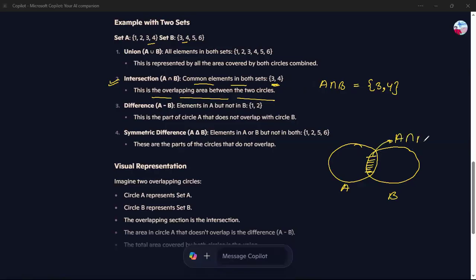So this area is represented as A intersection B because it is the intersection of both sets. If we have to find the union of both sets, the intersection will be included plus all the other parts, because we are combining and utilizing all the information. So this whole shaded region is the A union B region. Clear?